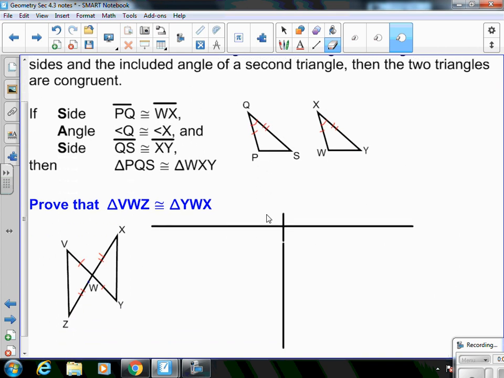All right, so we want to prove that triangle BWZ is congruent to triangle YWX. Once again, they didn't give us a given statement, so we take that straight from the picture.